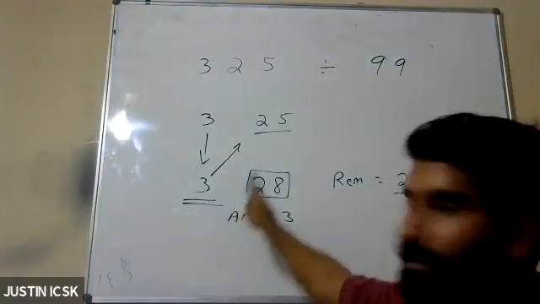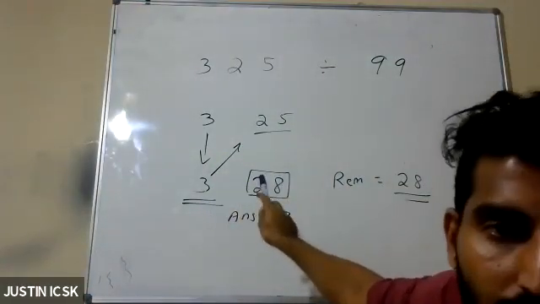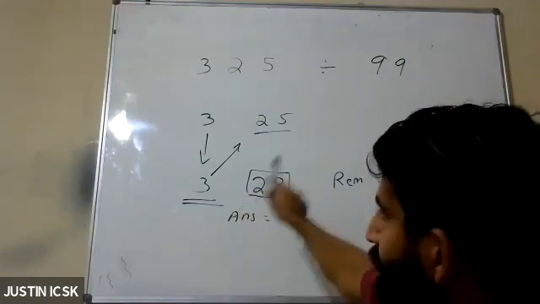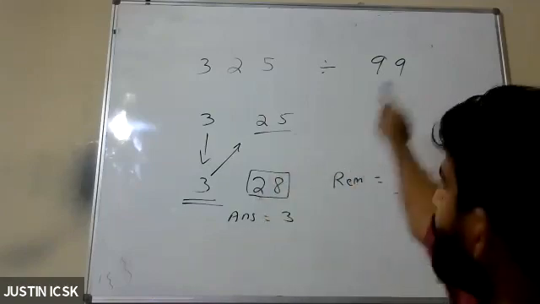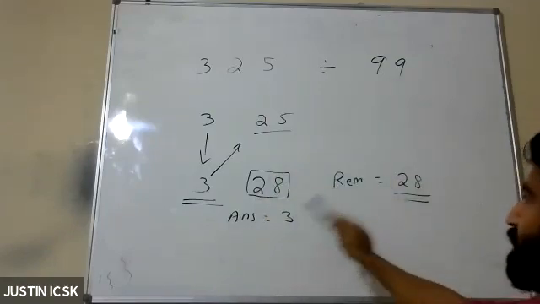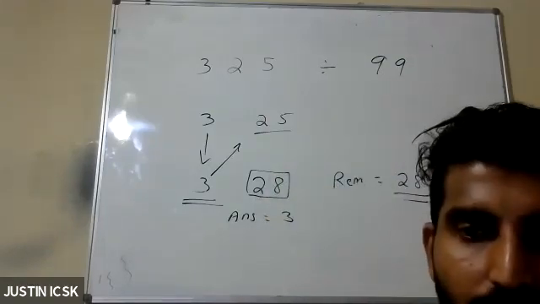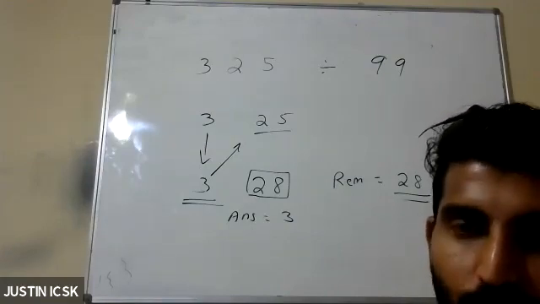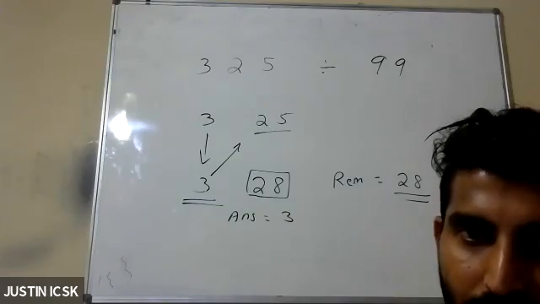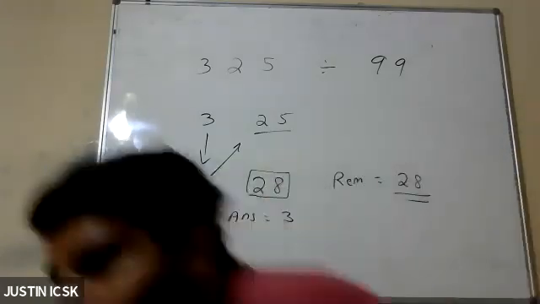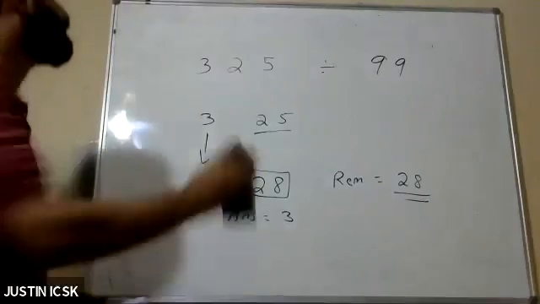The answer is 3 plus 25, 28. We are dividing with 99, so 28 we are not splitting, because 28 is less than 99. So this is the answer, this is the remainder. Grouping is important. How we group the numbers is important. One more, last one.